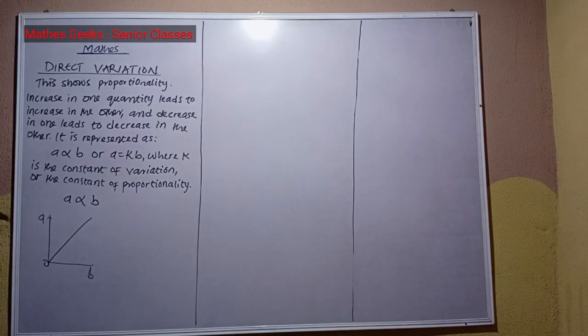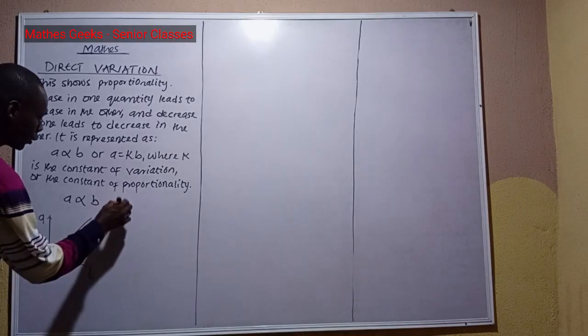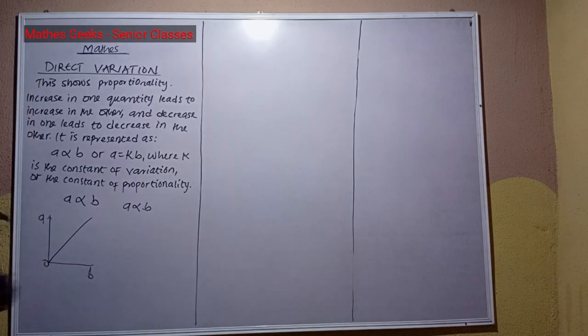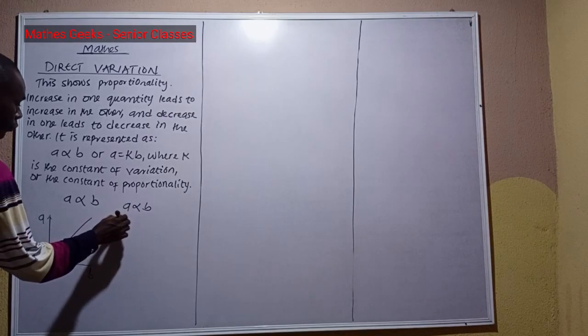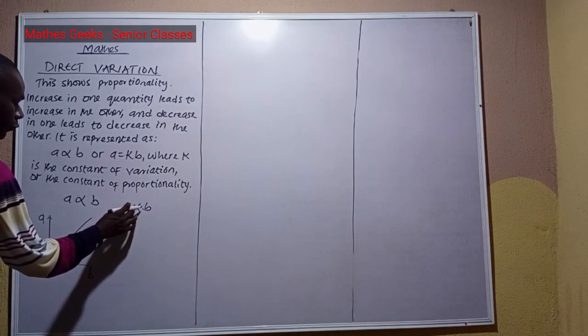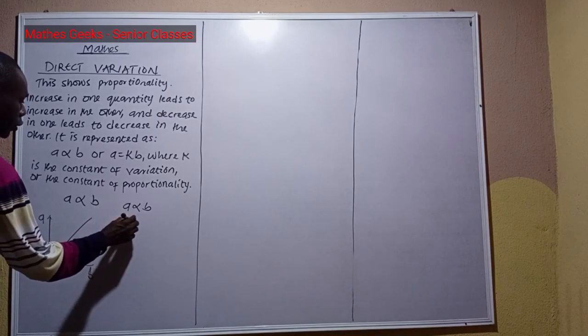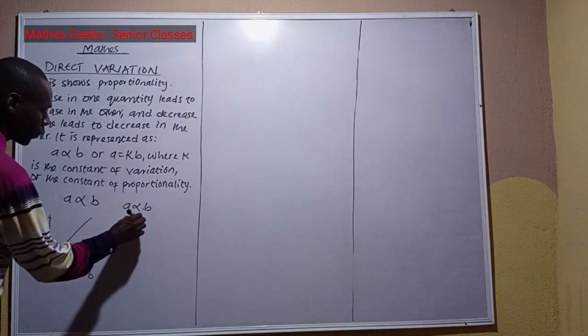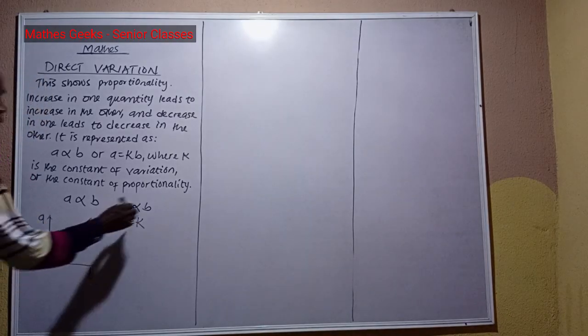Then another thing: how do we represent variations? Take A varies as B. Mathematically, in place of the variation sign, we put our equality sign, and we introduce our constant of proportionality.